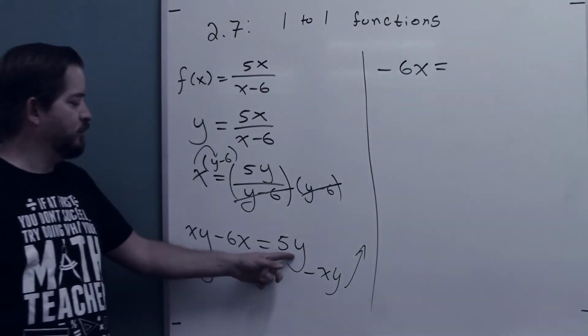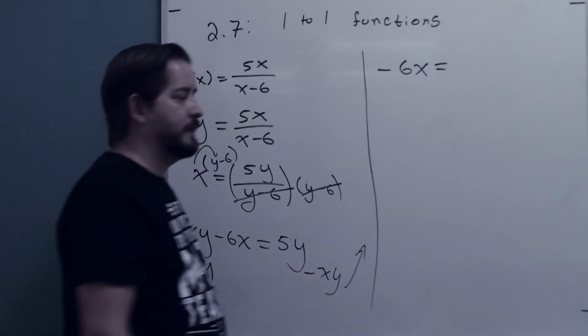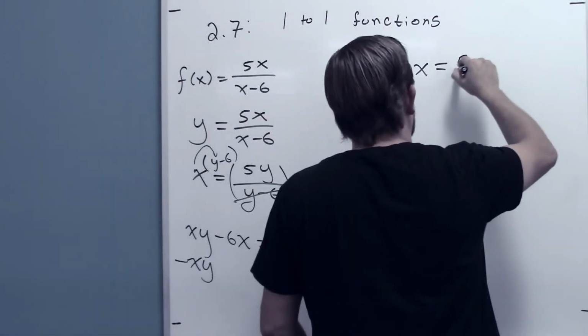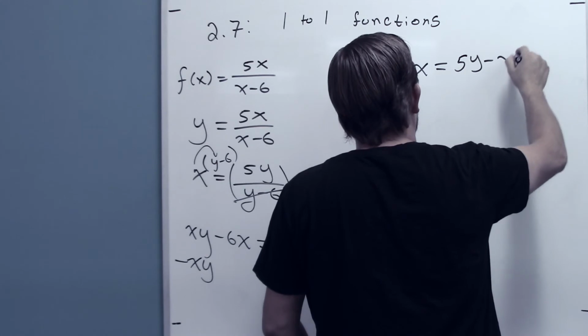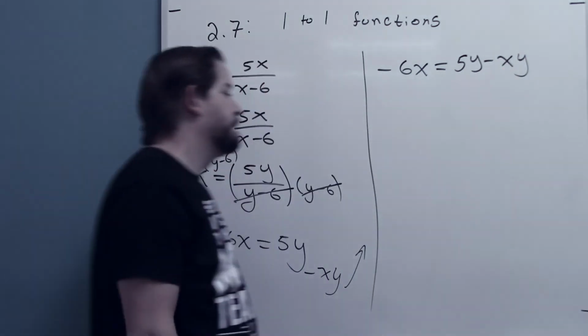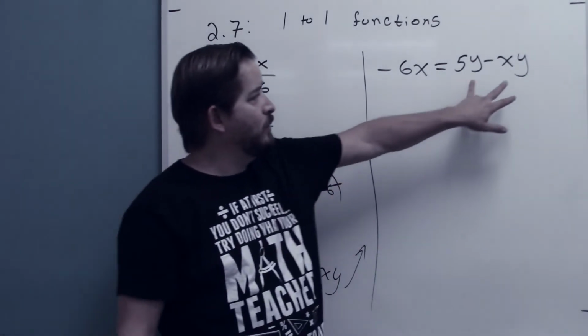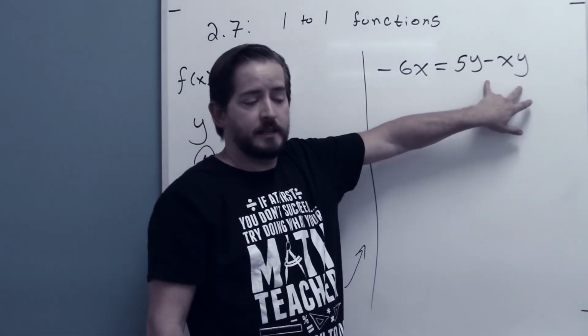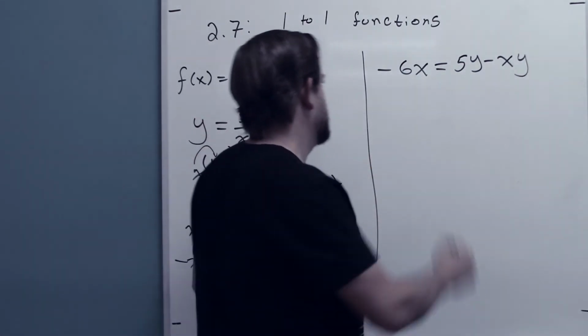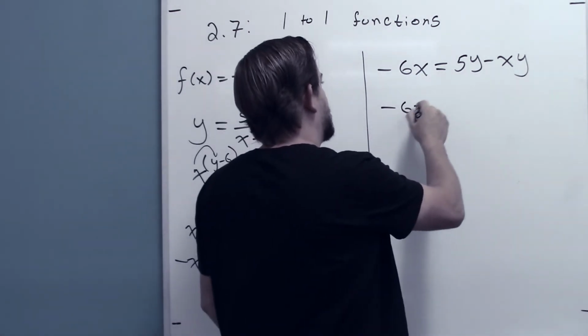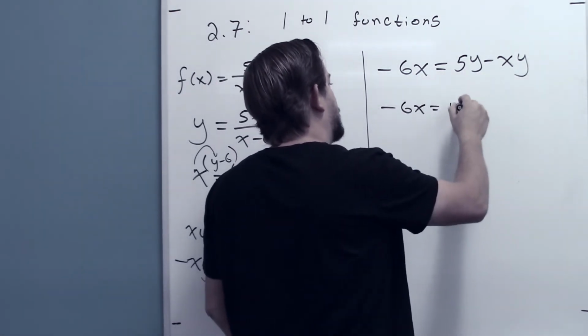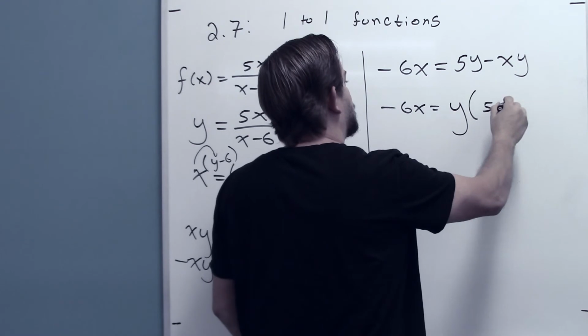And then I have 5y minus xy on the right-hand side. And it may not look great now, still, but I can factor a y out of these two terms on the right-hand side, and that's where the magic happens. I've got this negative 6x equals, factor a y out, and now there's only one y.